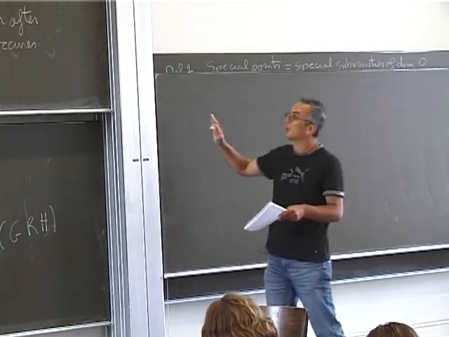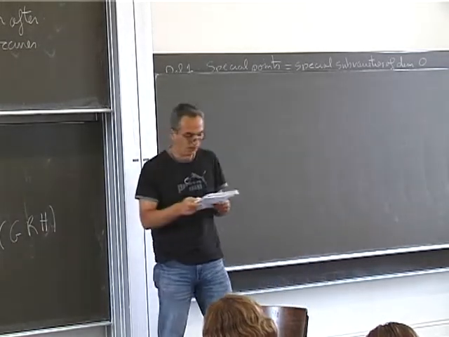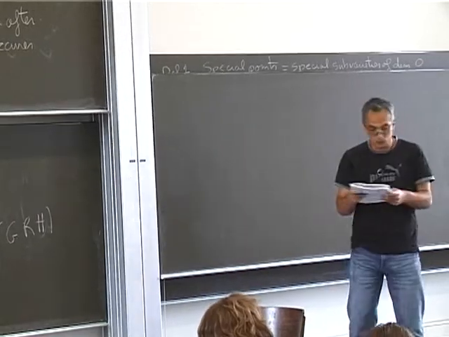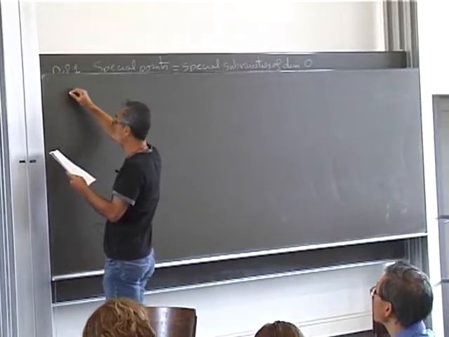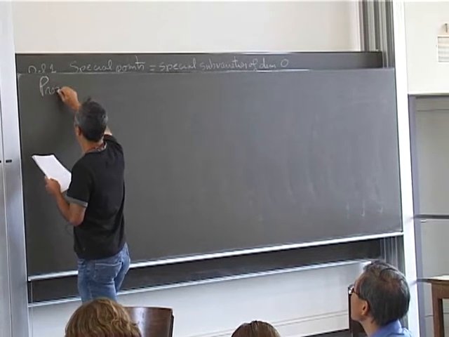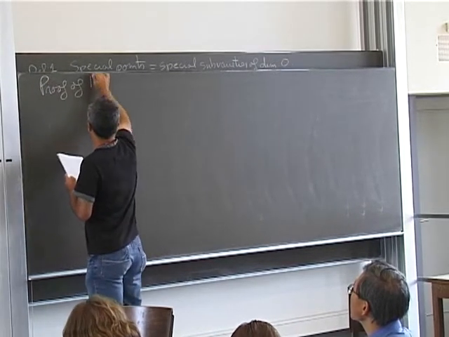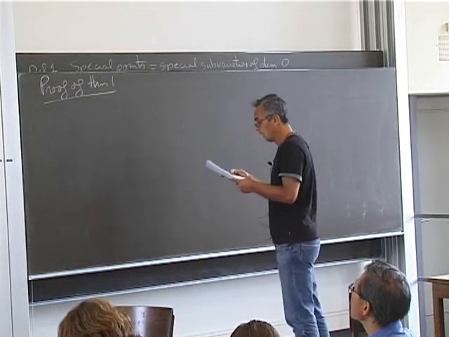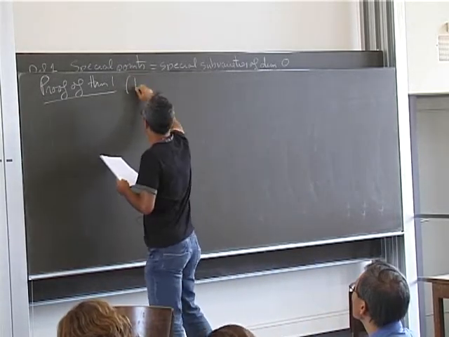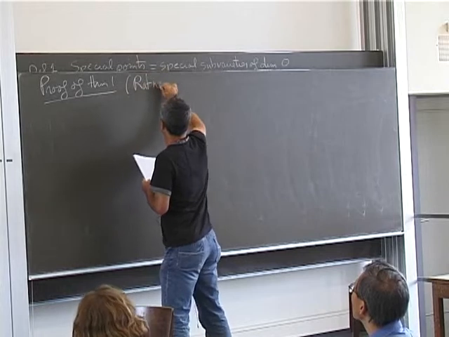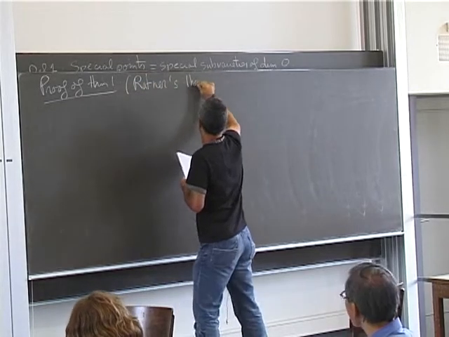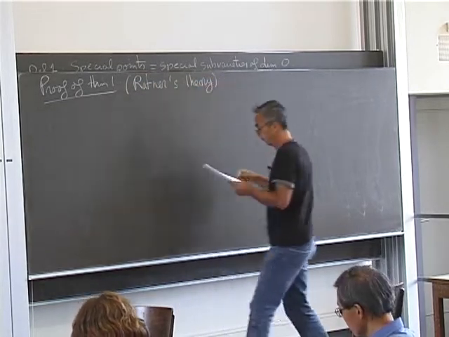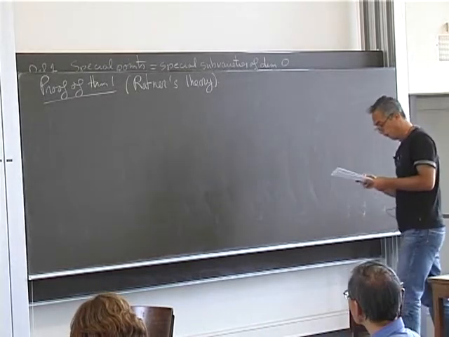So this is my feeling. So I would like to explain briefly the proof of the ergodic part, and it relies on Ratner's theory, and I want to explain this theory.